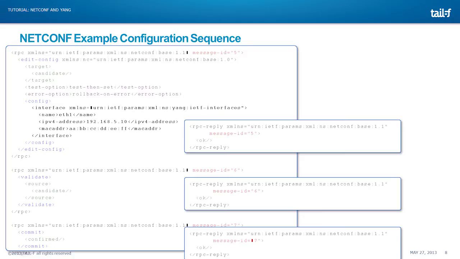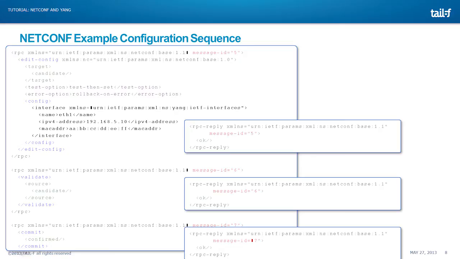Another example is the second message a little further down, where we see the RPC with a message ID of 6. There we're issuing the validate operation. There we're asking the device, are the contents of candidate valid? What this causes confd to do is run semantic validation against the contents of candidate to say, does candidate contain a valid device configuration that if we were told to go live with it, it would successfully go live.